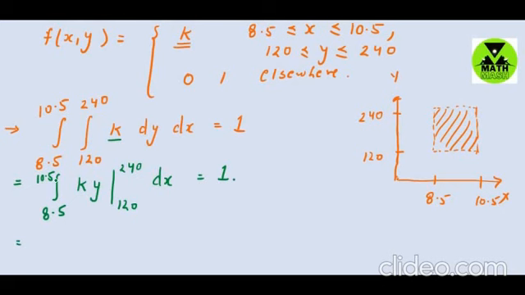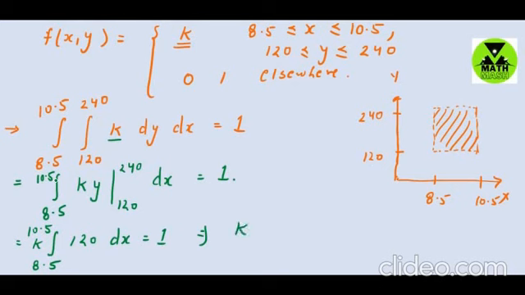Plugging in y equals 240, then 120, we can take the constant k outside of the integral, and this becomes 240 minus 120, which is 120 dx.